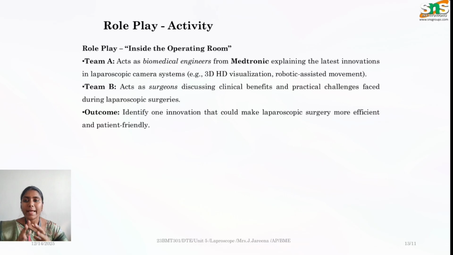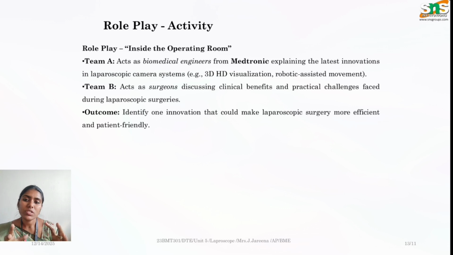This is one kind of activity which I used to play in the classroom, where I divide the class into two teams, team A and team B. Team A acts as biomedical engineers, and team B acts as surgeons.